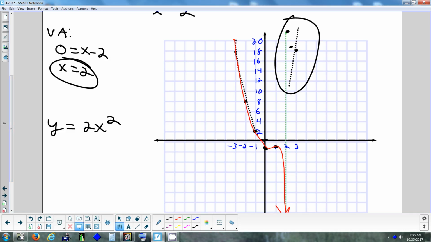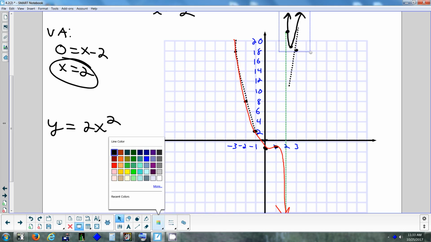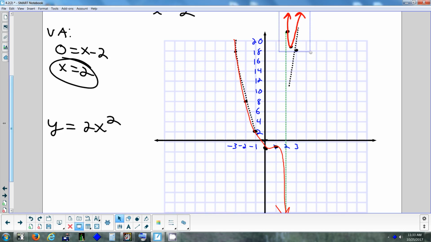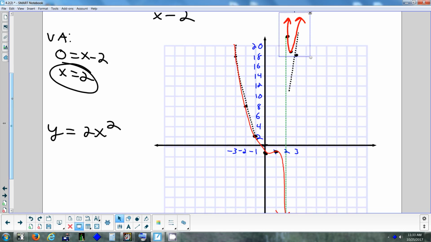I can't get outside of that. But I also have to stay very close to each dotted line, the green and the black. So it has to do something like this. And let me make that red because that's what I was doing my sketch in. And there's your sketch.